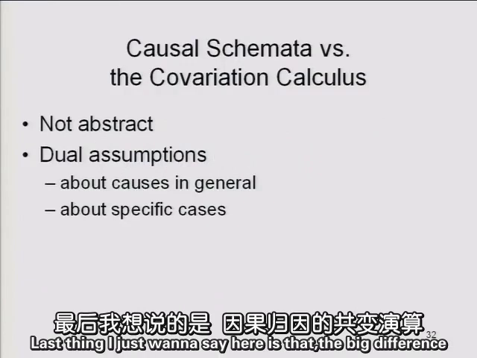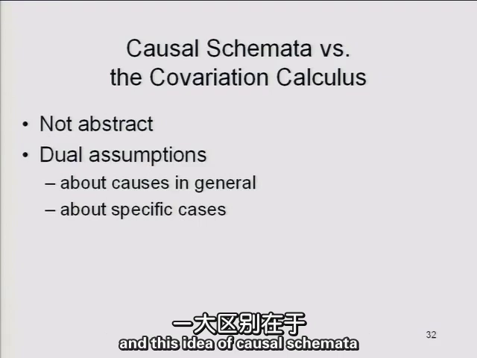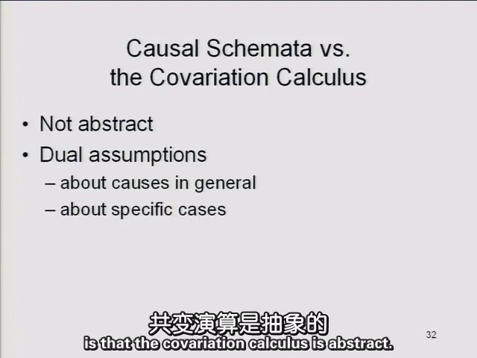Okay. Last thing I just want to say here is that the big difference between the covariation calculus of causal attribution and this idea of causal schemata is that the covariation calculus is abstract.